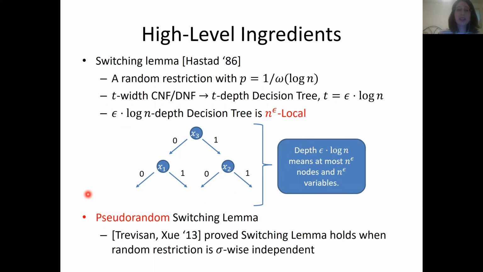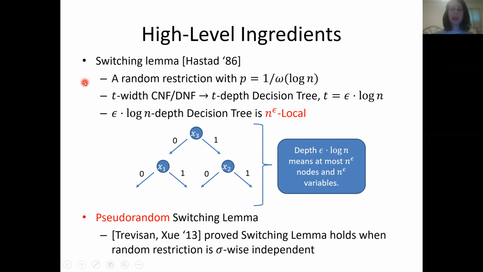And the other high-level ingredients, which I kind of alluded to, are ingredients that are also present in the proof that parity is not contained in AC0. We're going to use a variation of the switching lemma of Hastad.